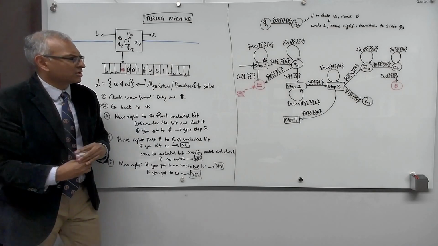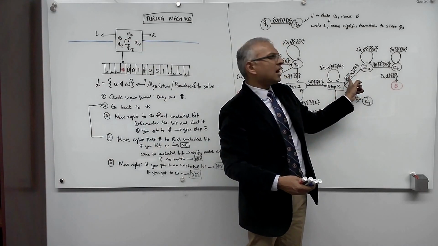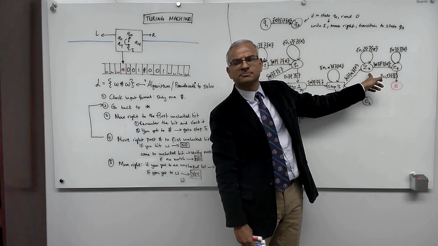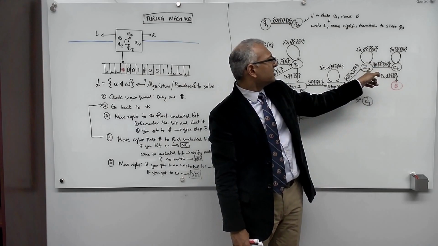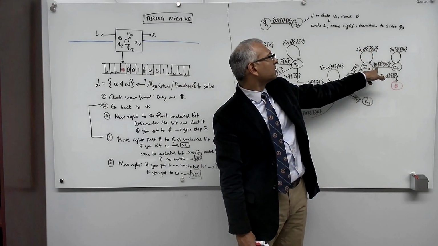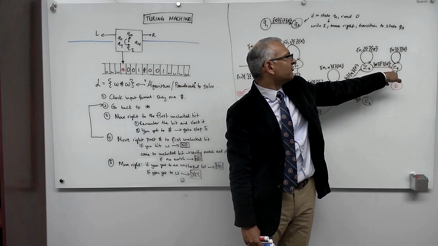So let's see what's going on here. In step 3, I moved right and I found an unmarked 0. I marked it and I moved into state Z3. In state Z3, I'm moving right until I get to pound. When I get to pound, I move to state Z4.